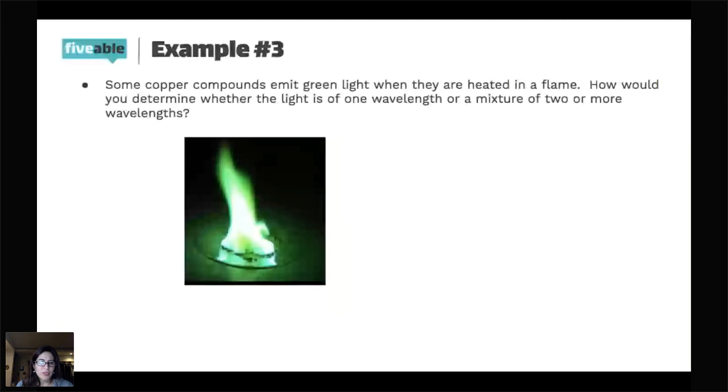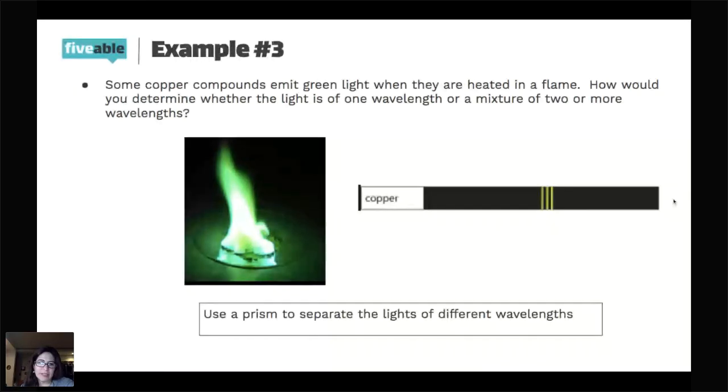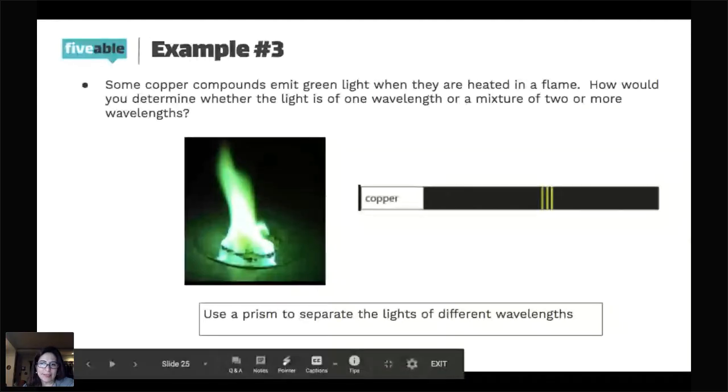What would you need to divide or split the light into wavelengths? Okay, you will need to watch the light formed by burning copper through a prism, and if it's copper, you will see more than one line. So you will use a prism to separate the lights of different wavelengths, and that's how you can tell.